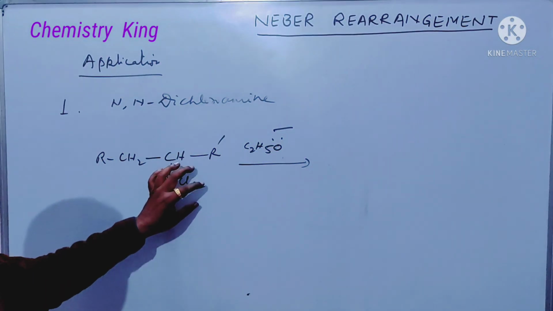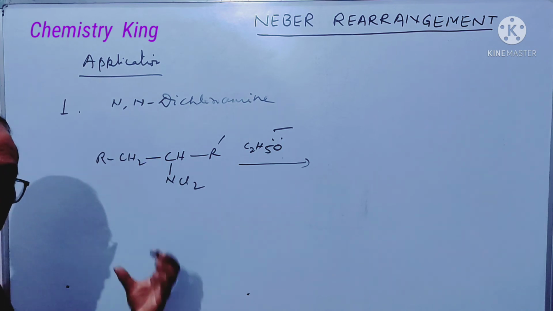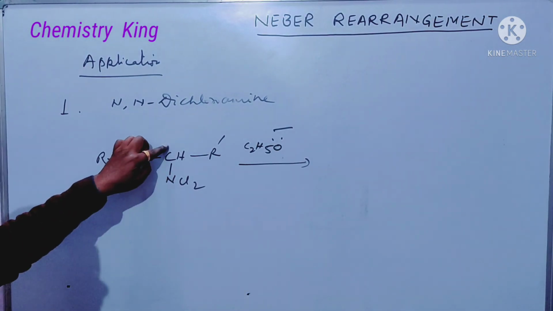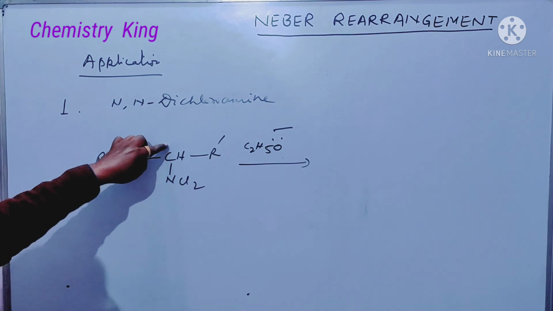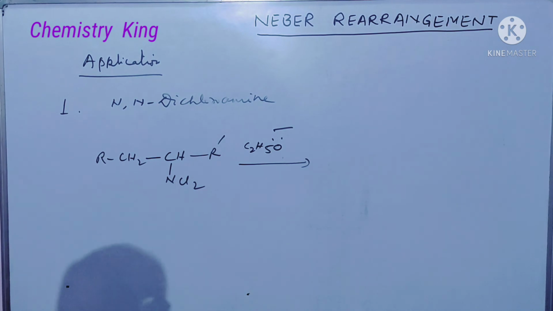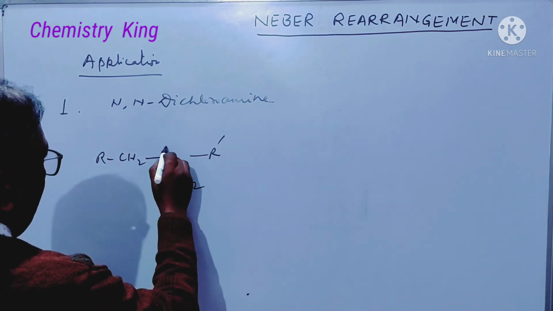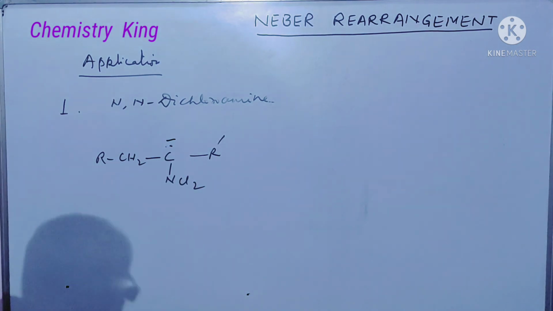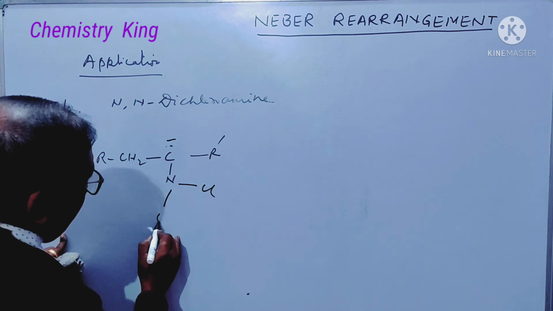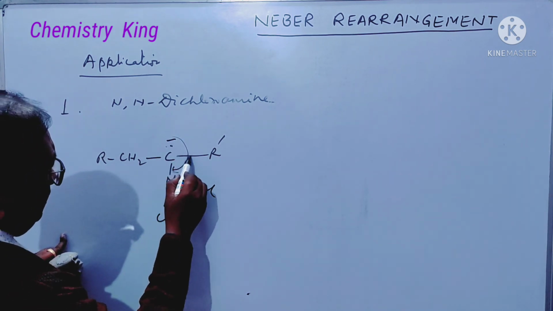So it is highly electronegative group which will withdraw the electron pair, resulting in the delta plus charge here. So this hydrogen will be abstracted first. Okay? Negative charge will be here. Now here Cl. Okay? It will come here.